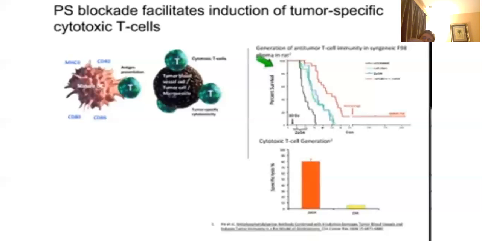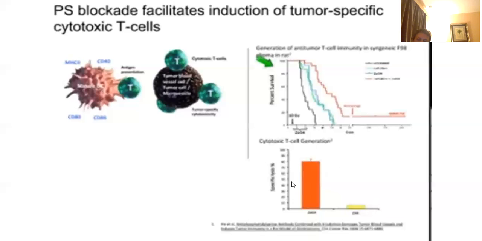Versus if you take a rat that is not treated with PS and you take their cytotoxic T cells and mix them with the tumor cells, you will not see any destruction.